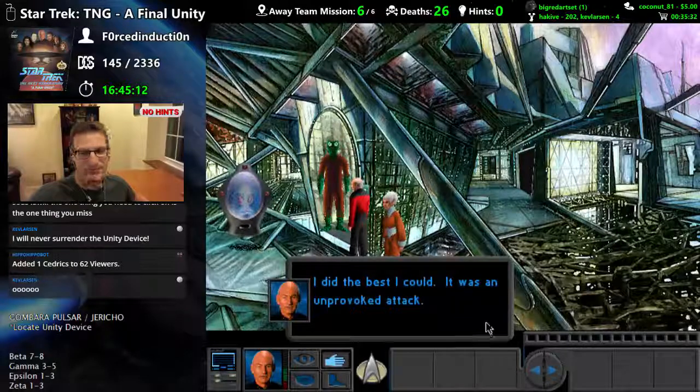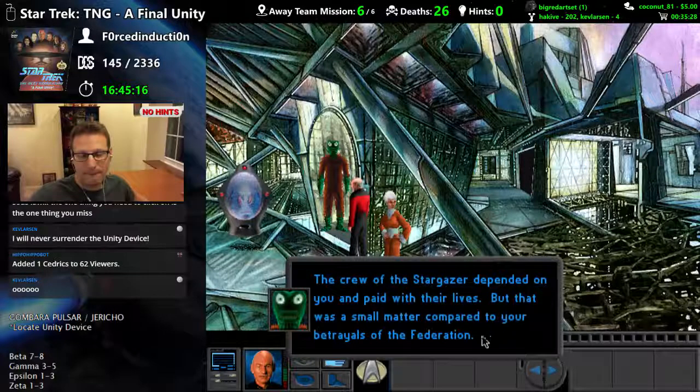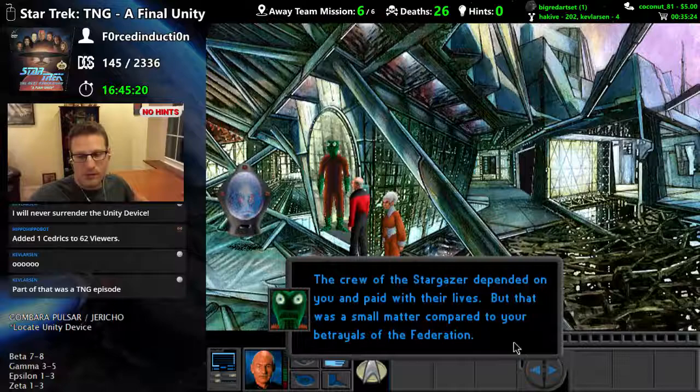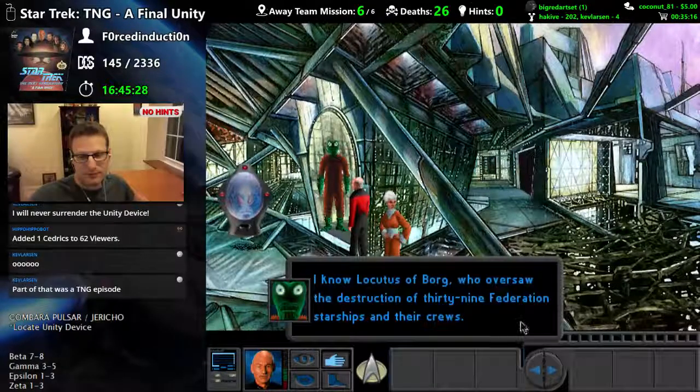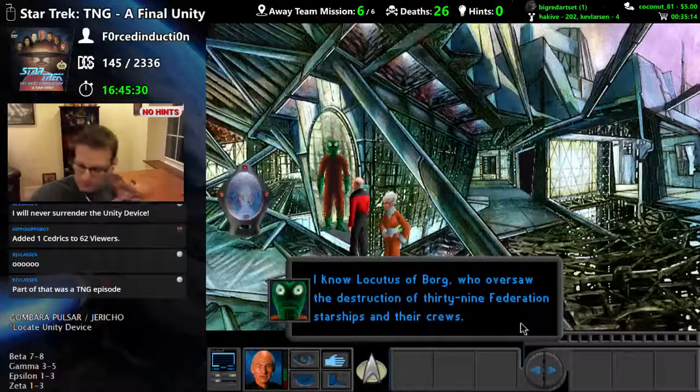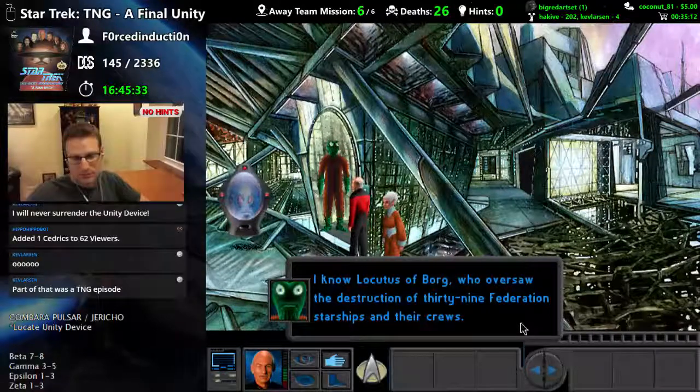I did the best I could. It was an unprovoked attack. The crew of the Stargazer depended on you and paid with their lives. But that was a small matter compared to your betrayals of the Federation. Betrayals? I know Locutus of Borg, who oversaw the destruction of 39 Federation starships and their crews.